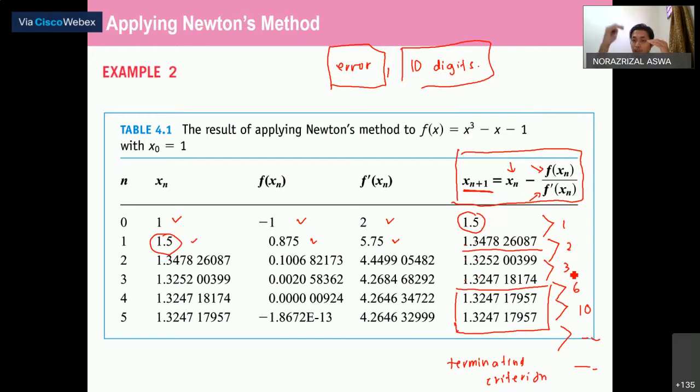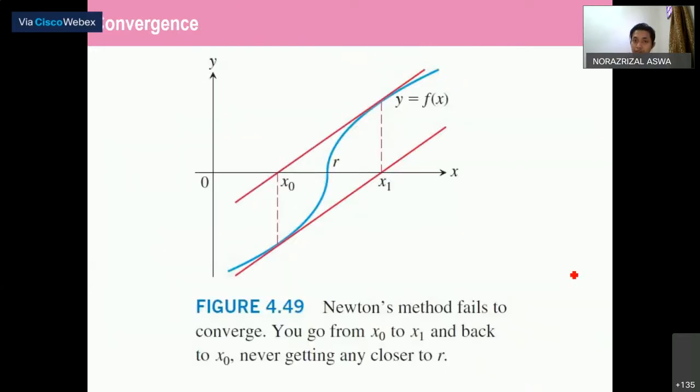From 1 it goes to 2, then 3, which is very slow, but then it goes to 6, then 10, and maybe after this it goes to 20. It keeps getting faster and faster to reach the criterion, with more agreement between consecutive results. But that depends on your guess. So this is one example where Newton's method fails. To be convergent, we must have favorable circumstances.